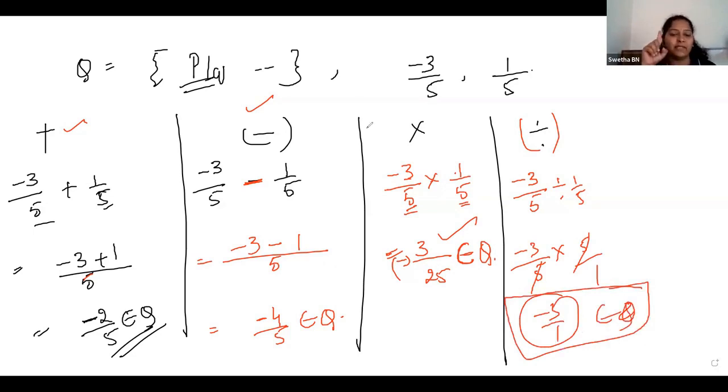But you should know one thing. See, you should not check just one number like this and conclude. Because before that, see, it is closed under addition, subtraction and multiplication, but not under division. Why? For example, 3/0, what answer comes? 3/0 is not defined.